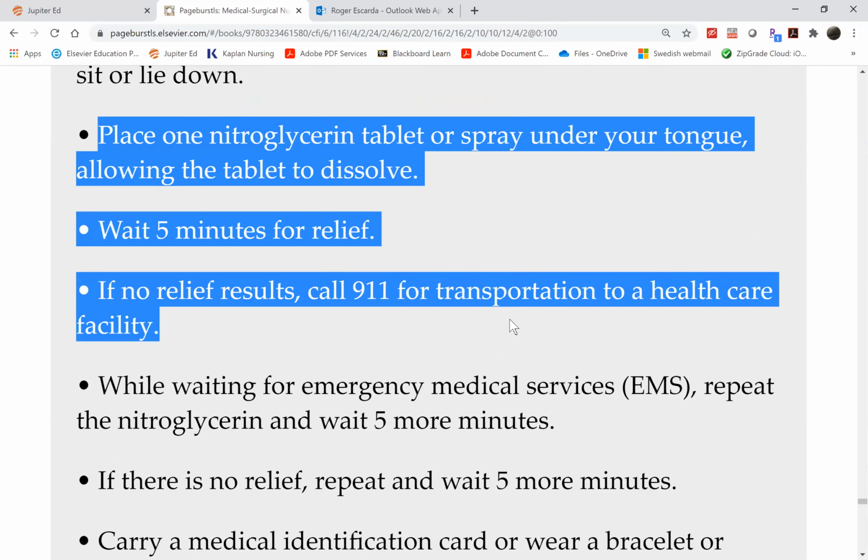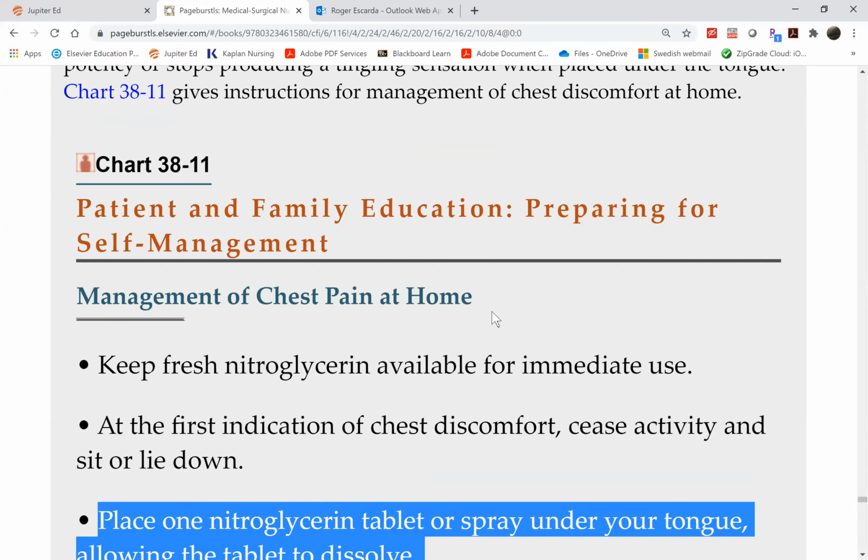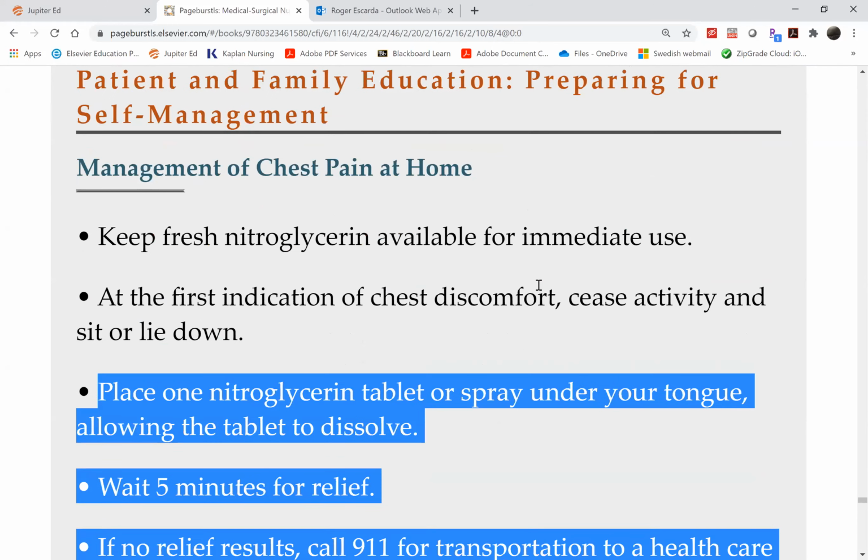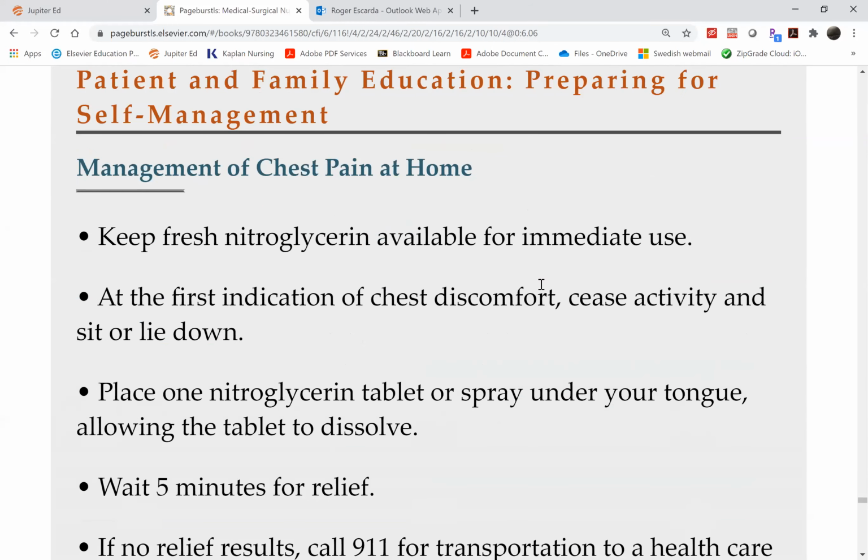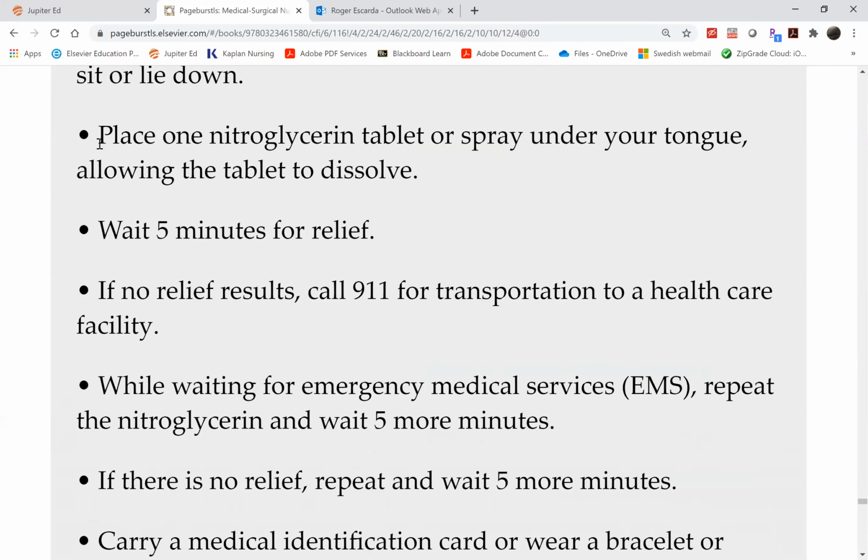Read this for me, Mr. Kimmins. Professor, please, what page is this? This is chart 3811, page 791. Please read this part.